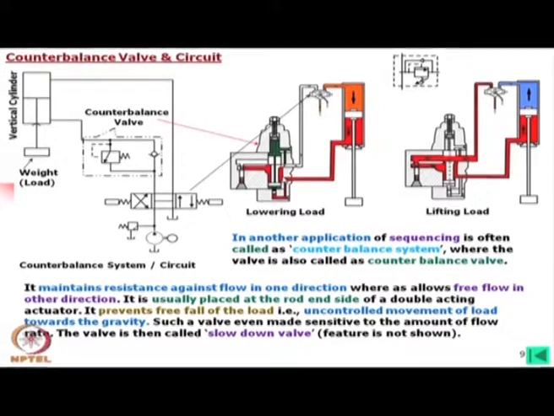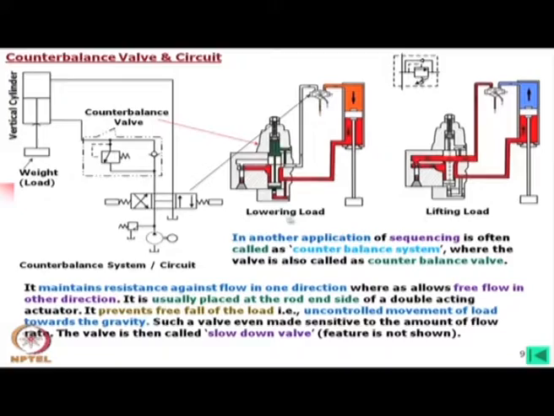If you look into this, oil through this valve is going to this side, whereas oil coming through this, and through this restriction it is going back to the tank. The tank path is not shown, but if you study this, this is nothing but some sort of a sequence valve.